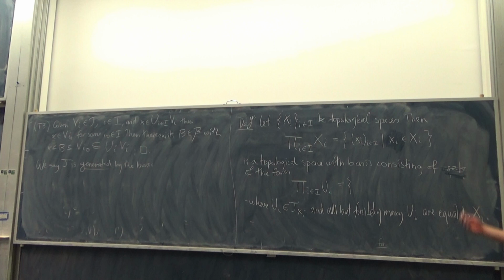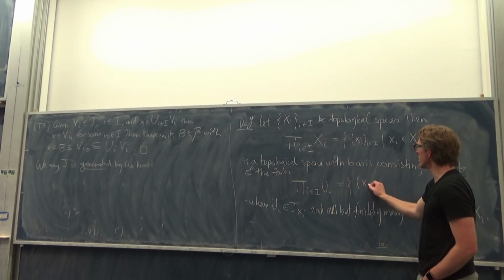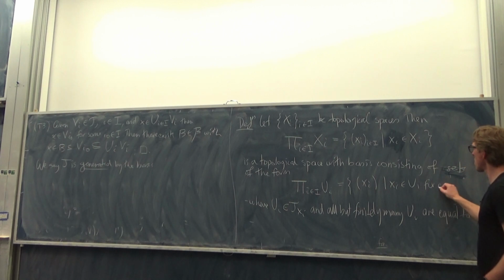Well, take an open subset of each Xi, call it Ui. So that's potentially an infinite number of open subsets, indexed by I. Then take their Cartesian product, that sits as a subset here, right? That's just the xi's where xi is in Ui for all i.